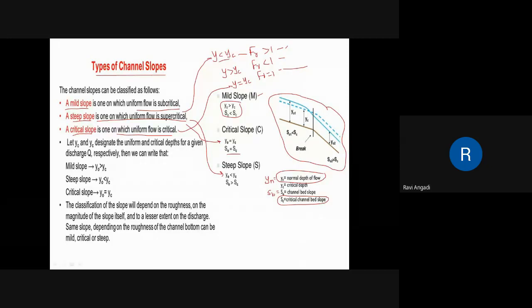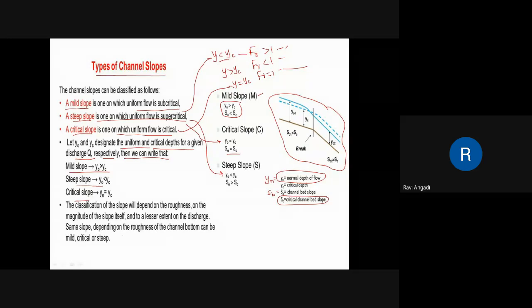Let Y naught and Yc designate the uniform and the critical depth for the given discharge Q respectively. Then mild slope means Y naught is greater than Yc, steep slope means Y naught is less than Yc, and critical slope means Y naught is equal to Yc. The classification of the slope will depend on the roughness, on the magnitude of the slope itself, and to a lesser extent on the discharge.